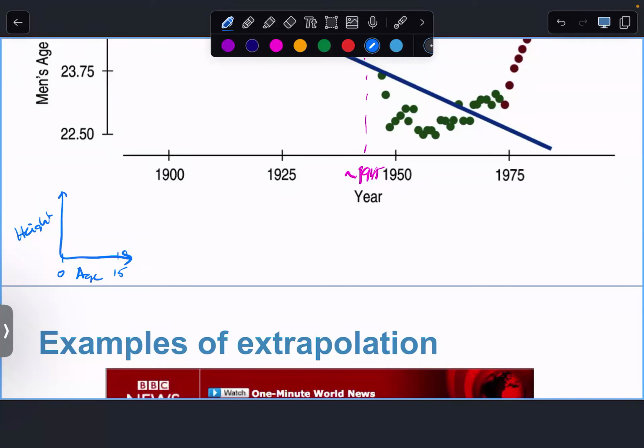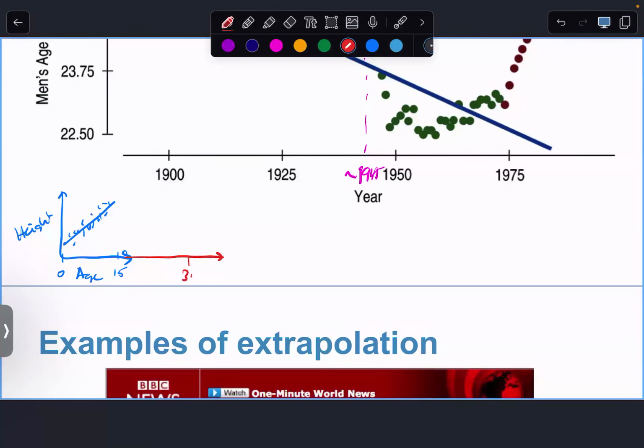Did I cut them off too soon? 15? I don't remember. Let's go with it. You start at some height, and our data showed the strong positive linear relationship, right? You could use that line, but what's the problem?